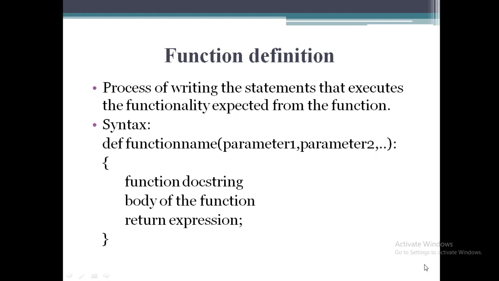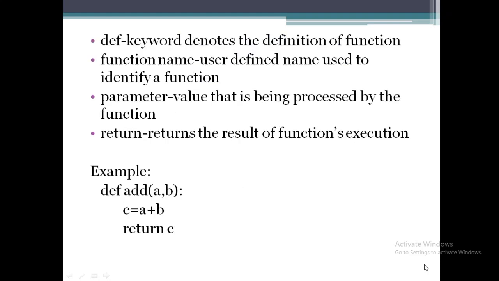Number one, a docstring. I will explain that later. Then the body of the function, that means a set of statements that is going to implement the purpose of that function. And finally a return expression, a return statement that is used to return the value processed by this function.